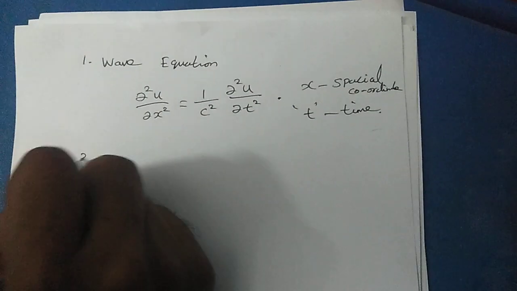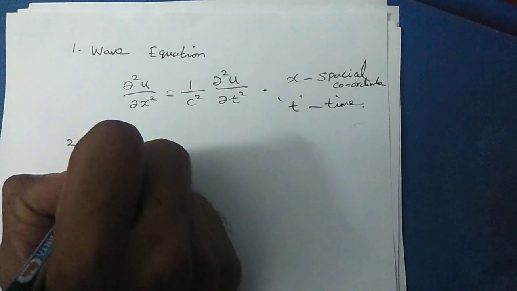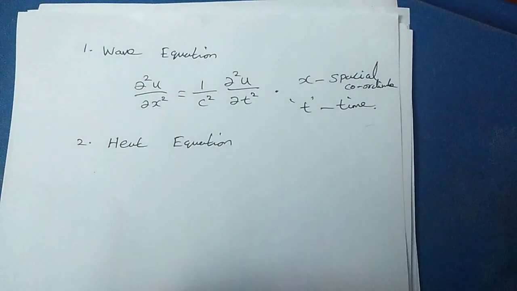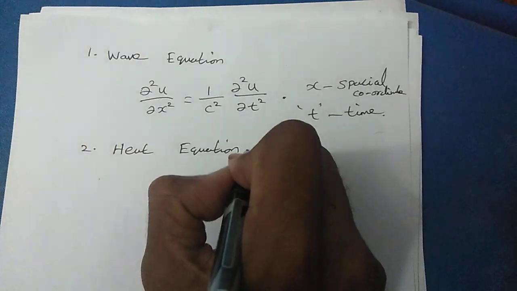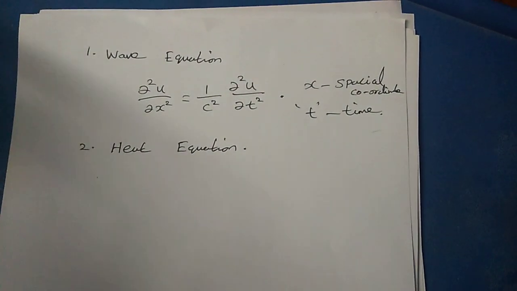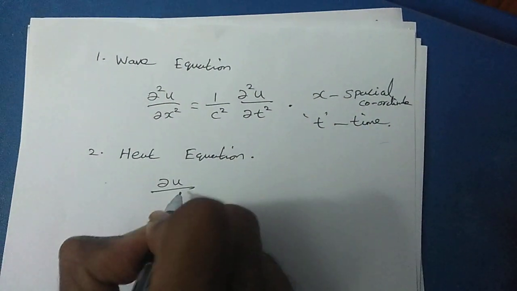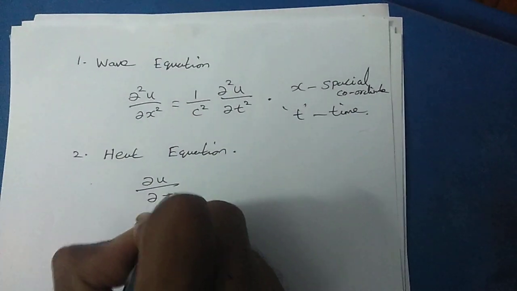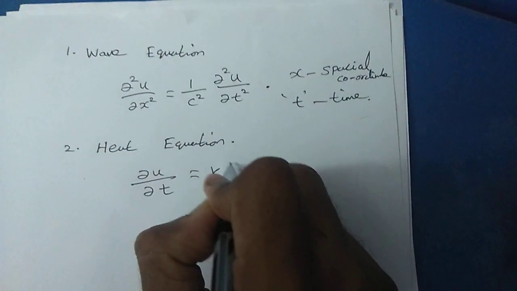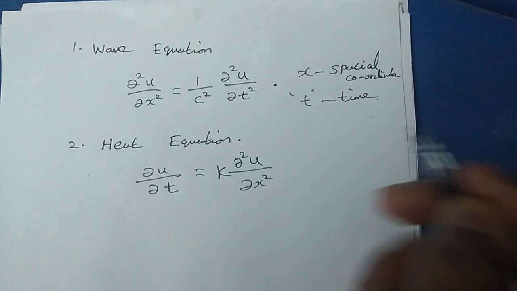So next, the second type of equation is the heat equation. The heat equation is nothing but ∂u/∂t = k ∂²u/∂x².